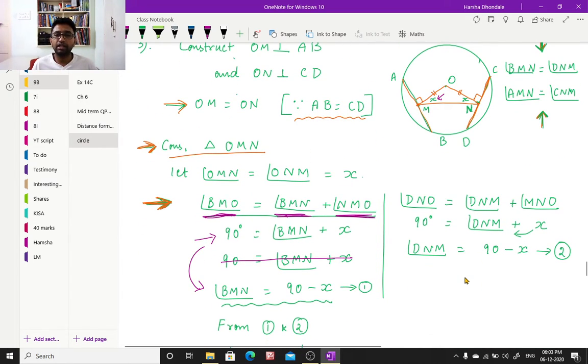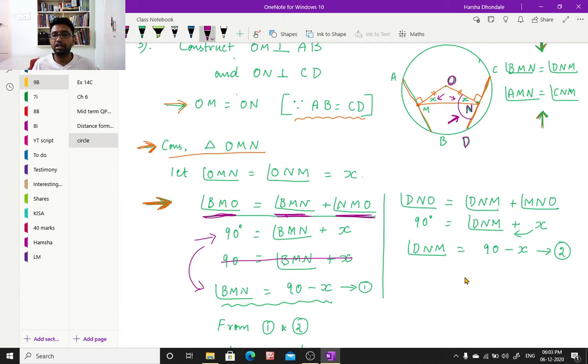So angle DNO, I'm talking about this entire angle DNO. This entire angle is equal to this part plus this part.